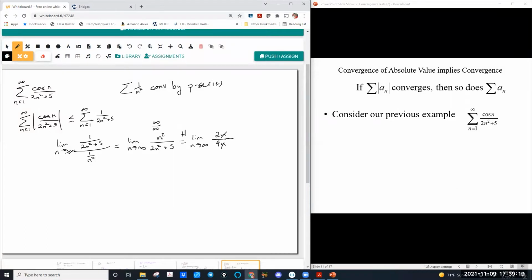Those n's will cancel. The limit as n goes to infinity of 2 over 4 is 2 over 4, or 1/2. That is a non-zero finite number. So we know the sum from n equals 1 to infinity of 1 over 2n squared plus 5 converges.